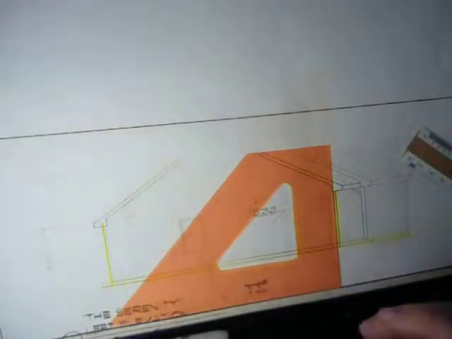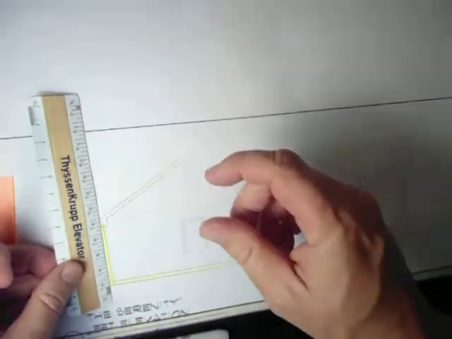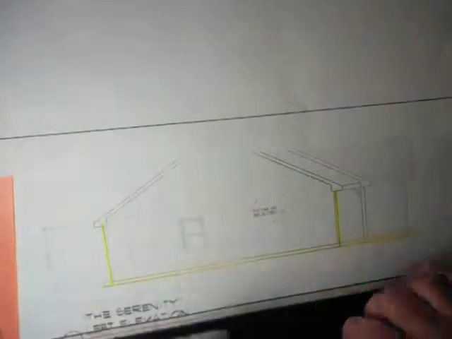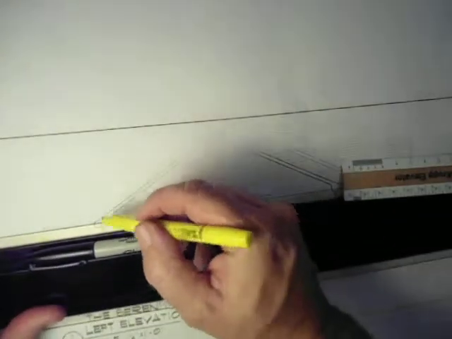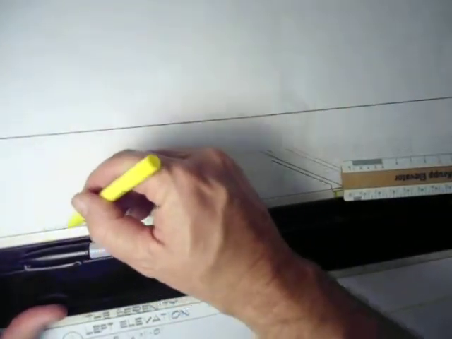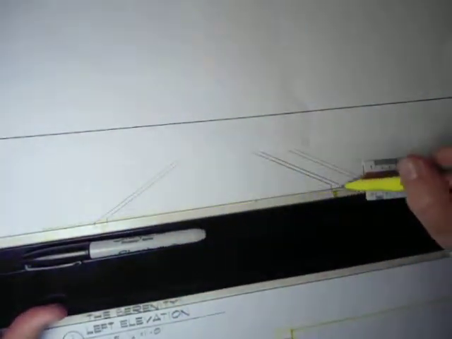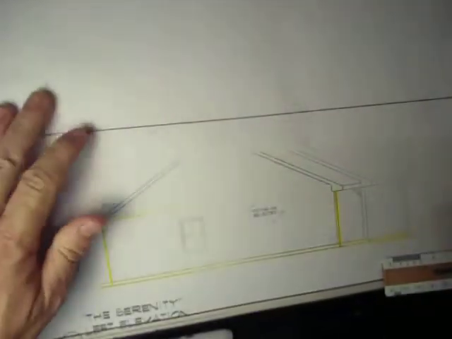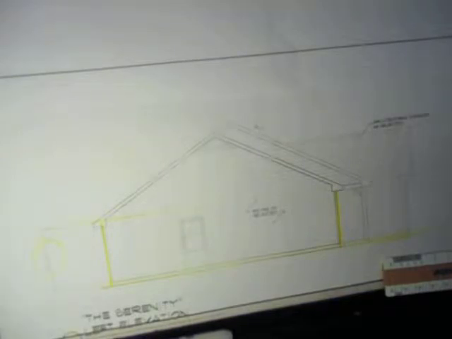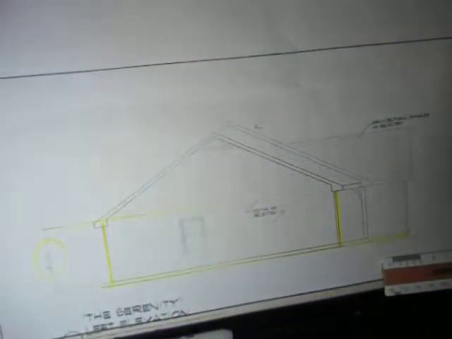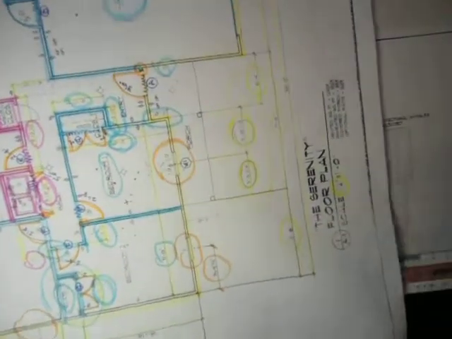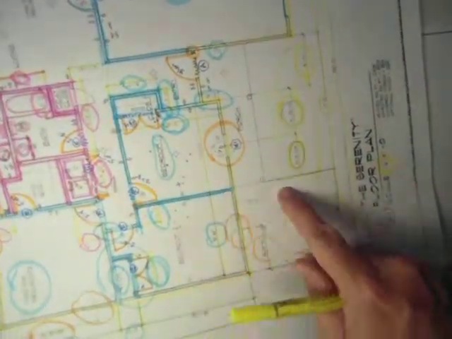Again, remember our ceiling line is 8 foot 1.5, but you'll see that dimension right over here on your handout, and you can go ahead and measure up from that floor line, and you can dash or just lightly draw in that ceiling line at 8 foot 1.5, because you're going to need that in a minute to figure your roof pitches. But then we're going to go on over here and get where this porch is, and in plan that is right here.